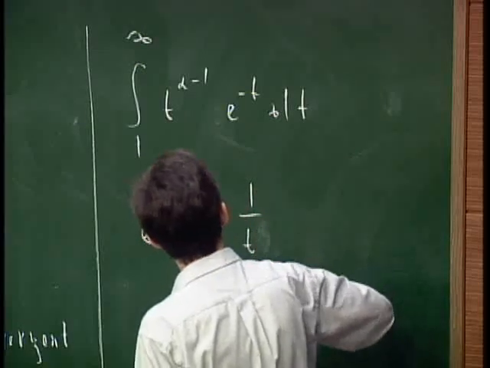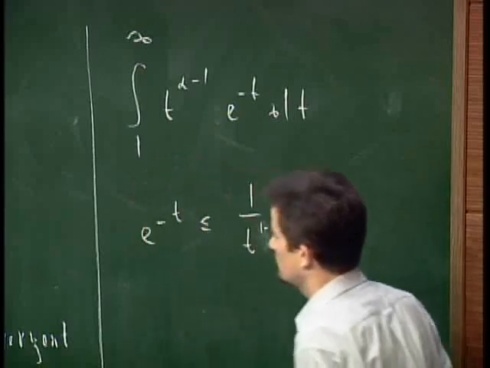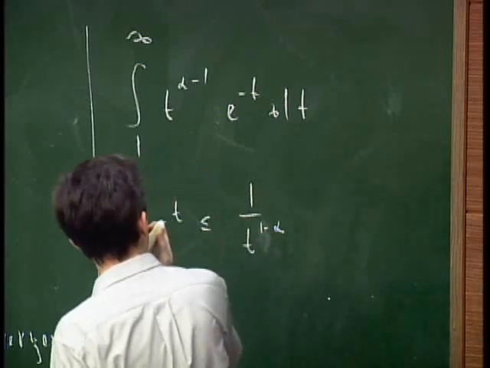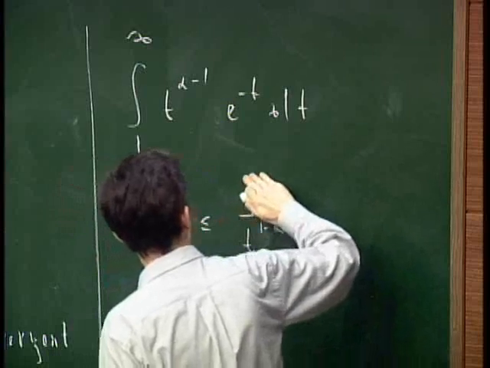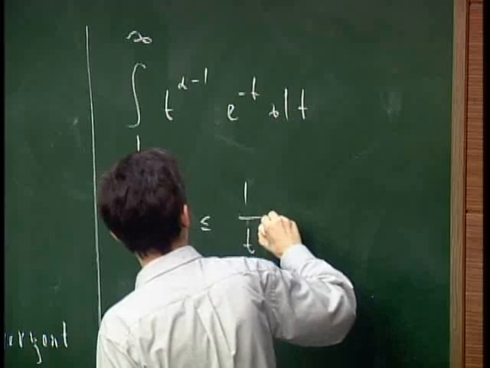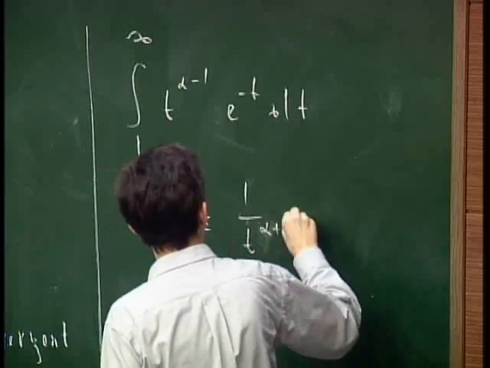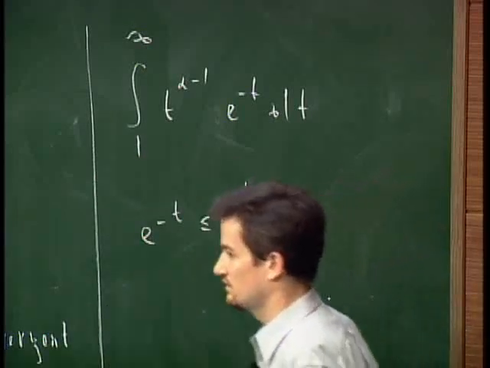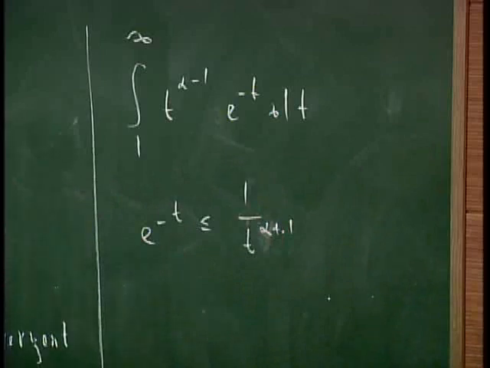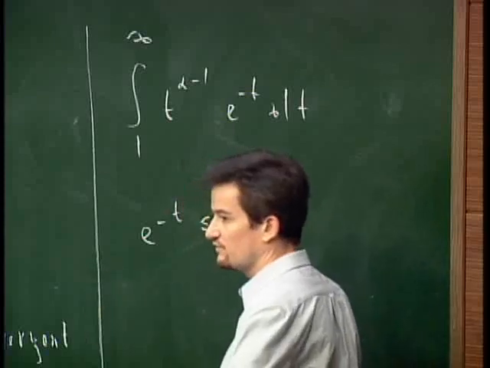A good choice would be 1 over t to the alpha plus 1. This is a good choice, because alpha is larger than 0. So this here, 1 over t to the alpha plus 1, tends to 0 as t tends to infinity.